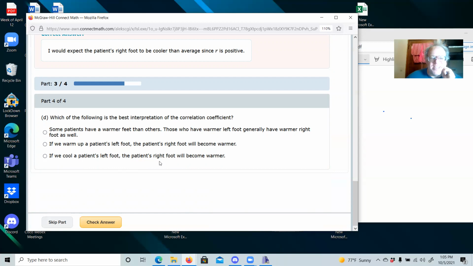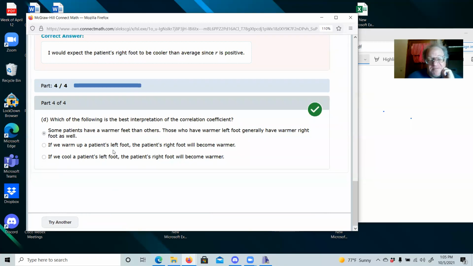No. Doing one thing to one foot is not going to magically do something for the other foot. We're just going to say it's individual to that person's metabolism. I like those answers. If they have warmer feet on the left, they generally have warmer feet on the right. I think that's why I picked this problem, because of that.